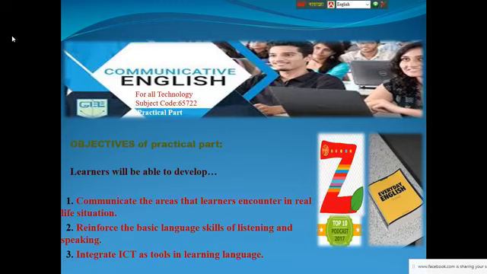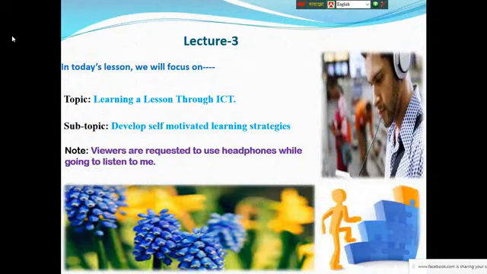Our task is to develop listening and speaking skills, and we want to reinforce these two basic skills because they are very essential for us. And then ultimately, we will try to use ICT as a tool to develop these two skills. This is lecture 3.